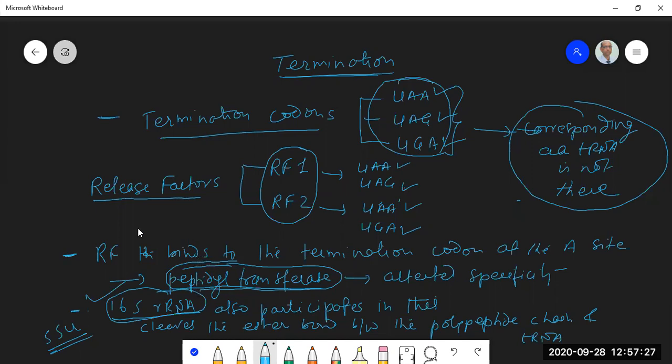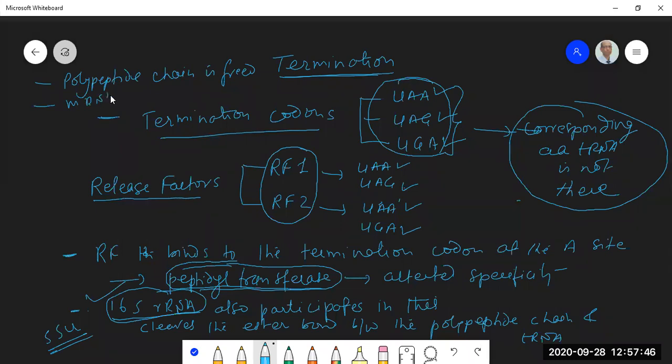So the ester bond is broken. Three things are happening. The polypeptide chain, or whatever you can call a protein also, is freed. That protein chain moves out of the ribosome.